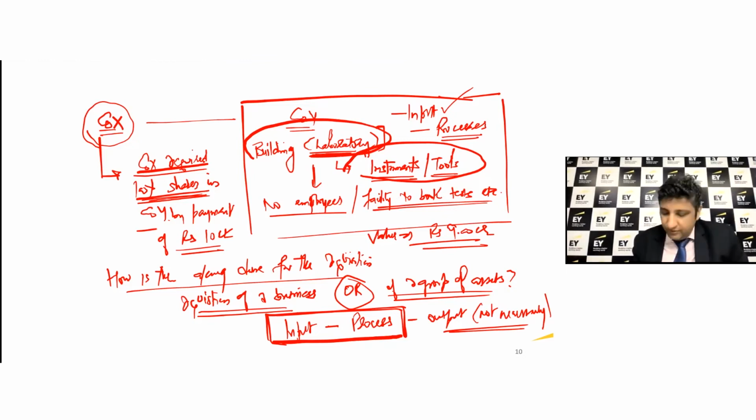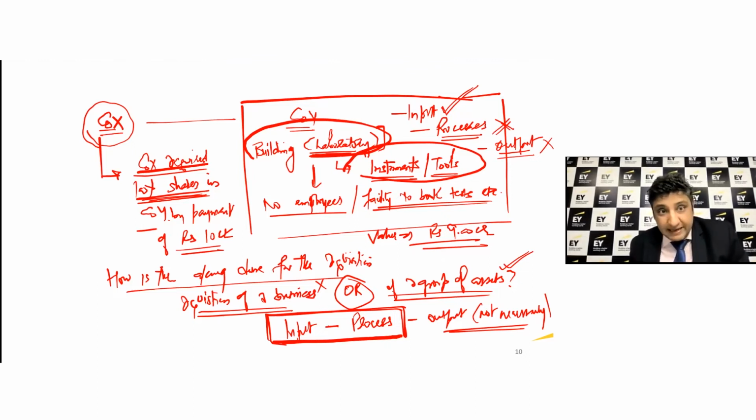So if the process is missing, then automatically the output is missing as well. But we may not be really concerned about the term output. Essentially, while the input exists, the process is missing. We cannot name it an acquisition of a business, but we would want to refer to this as an acquisition of an asset, or in our example, a group of assets.